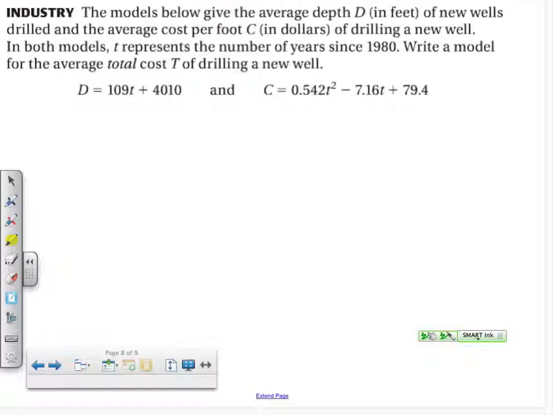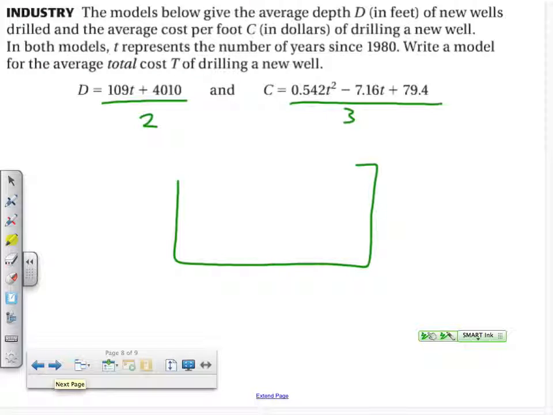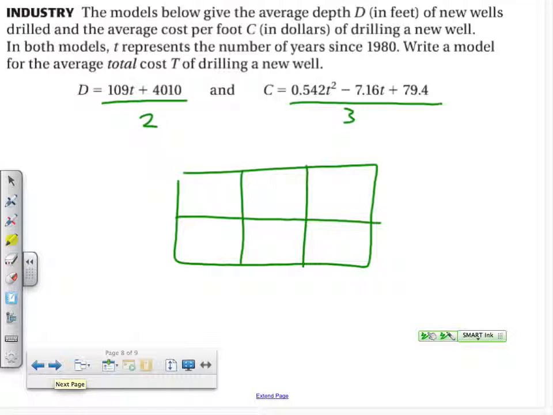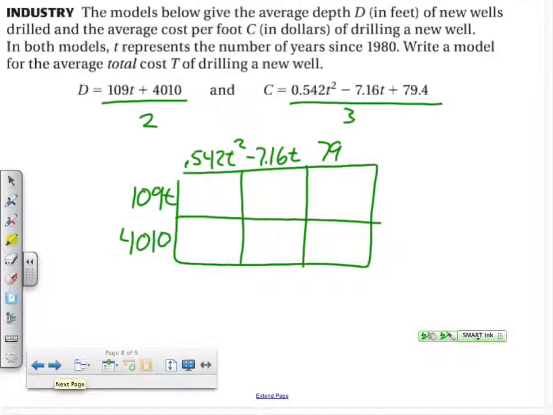So basically we're taking D times C. Here's D, here's C. This has 2 terms, this has 3 terms, so we're going to do a 2 by 3. Our 2 terms are 109T and 4010. Our 3 terms are 0.542 T squared, negative 7.16 T, and 79.4.